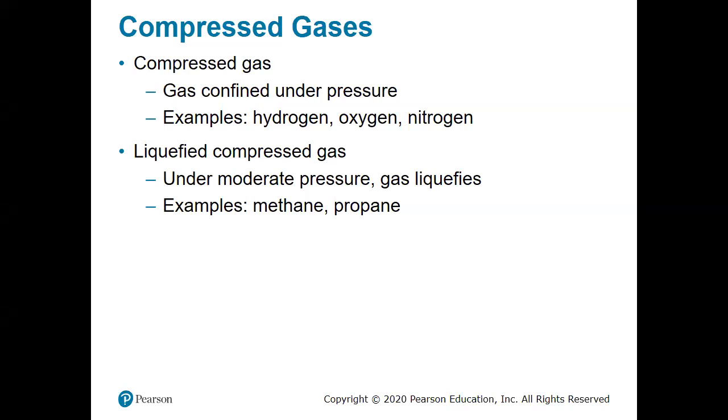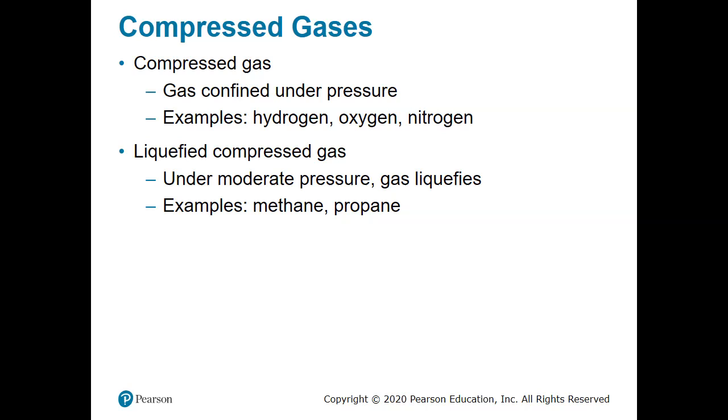We can start with some general definitions. By definition, a compressed gas is simply a gas that has been confined under pressure. Normal pressure is about 14.7 psi. A compressed gas would be a gas that is held at a higher pressure than that, and how much higher depends upon the nature of the tank that it's stored in and a whole bunch of other factors like the size of the tank and so on.